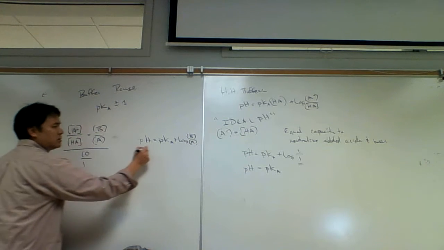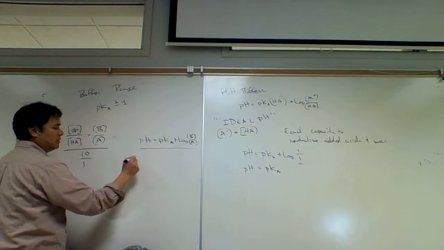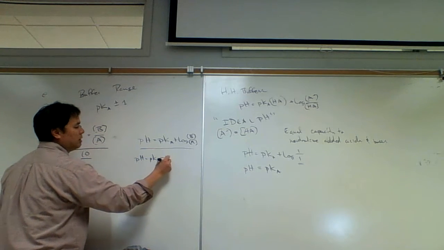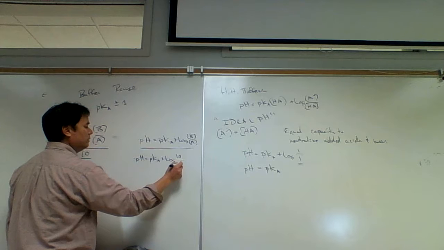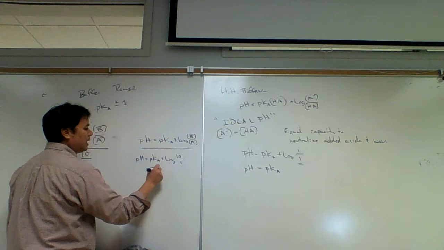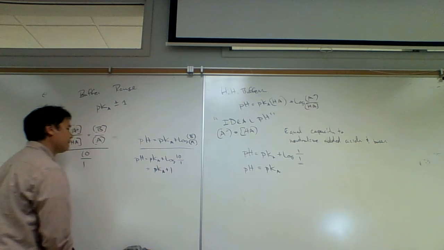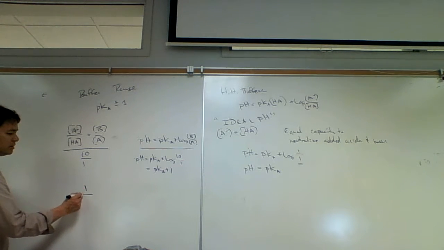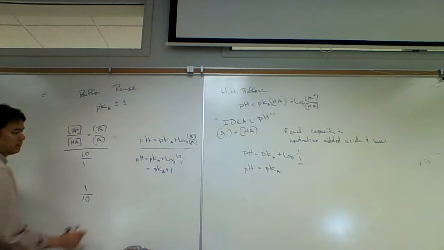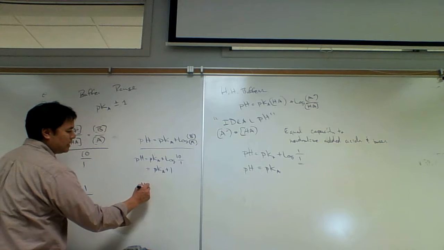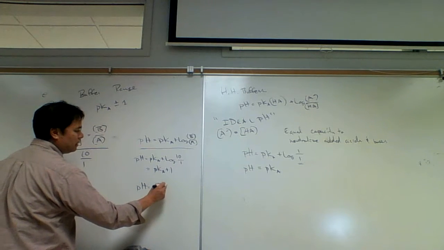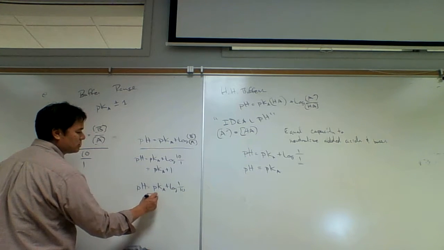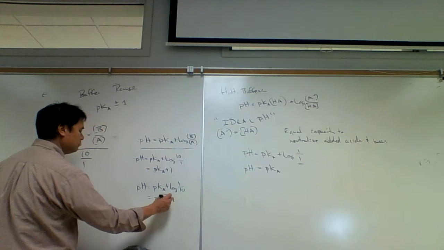And so this is just going to give me the log of 10, so the pH is equal to the pKa plus the log of 10 to 1, which is equal to pKa plus 1. Or if I have a ratio of 1 to 10, then that will give me a pH equal to pKa plus the log of a 1 to 10 ratio, which is minus 1. So this is pKa minus 1.